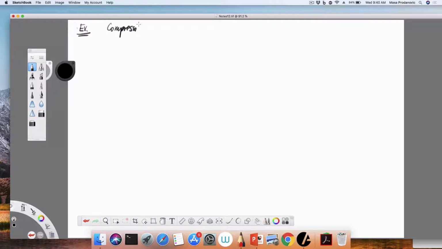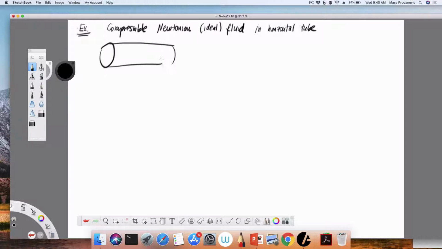So our example: compressible Newtonian gas or ideal fluid in a horizontal tube. My tube looks like I would expect it to.